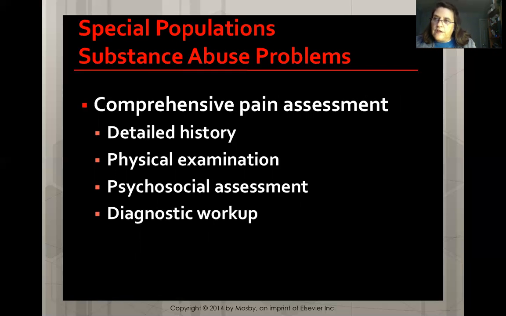With substance abuse problems, we still have to do a comprehensive pain assessment. These patients still deserve a detailed history, a physical examination, a psychosocial assessment, and a diagnostic workup. Whether they're recovered or they're still actively addicted, they are still a patient, they still have needs, we still do these things.